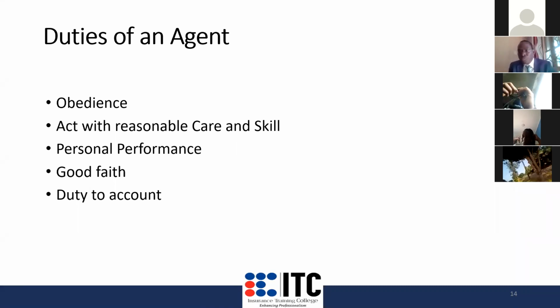When we say obedience, we're simply saying the agent must obey the principal's instructions. What do I mean? In that contract you're going to take home, you need to understand what instructions have been given to you, and you're supposed to do them. But you're supposed to do them when they are lawful and reasonable.